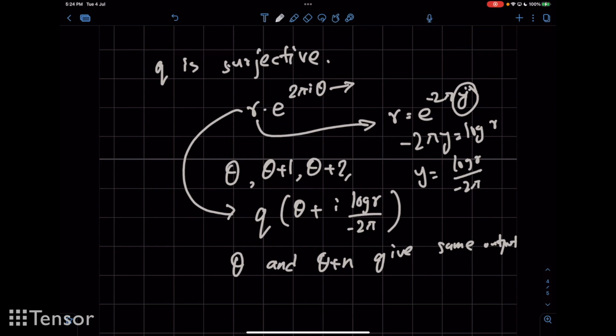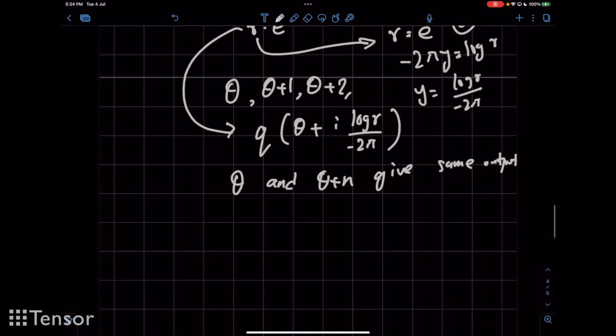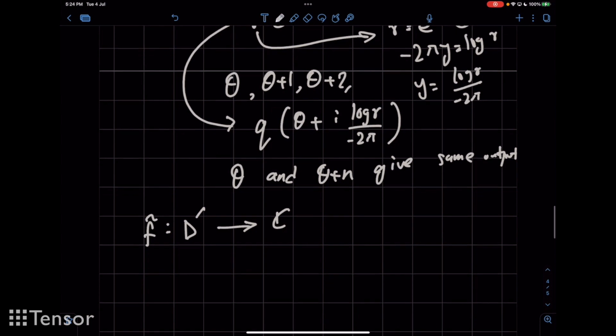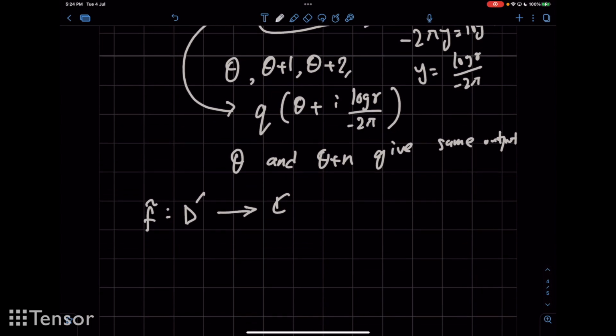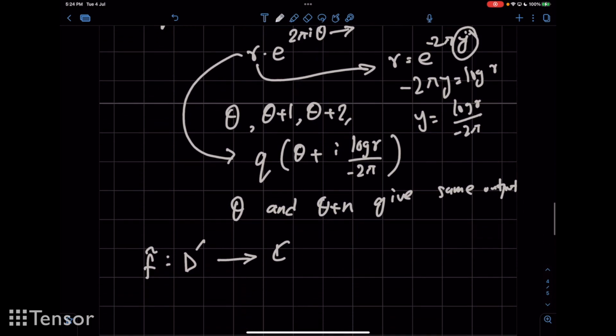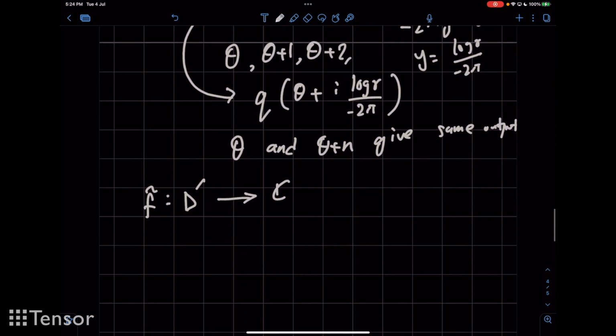All right. Now we are going to define a function f tilde from the punctured disk to the set of complex numbers, as follows. Let's take a value z from the punctured disk.